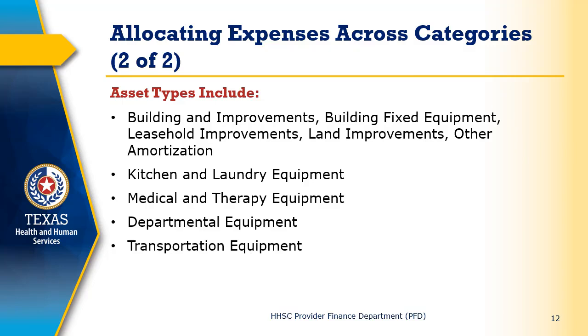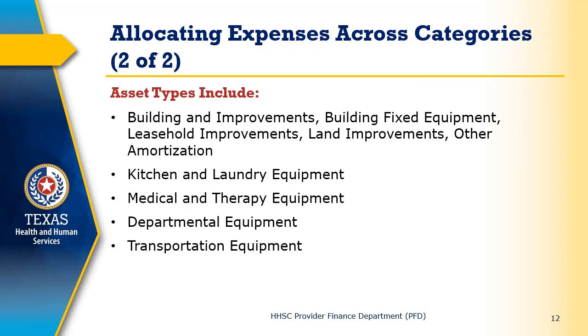Allocating expenses across various categories is essential for effective financial management, as it allows providers to track and analyze costs associated with different asset types. Key asset categories for expense allocation include buildings and improvements, building fixed equipment, leasehold improvements, and land improvements, which contribute to enhancing property value and utility and are critical for maintaining operational efficiency.